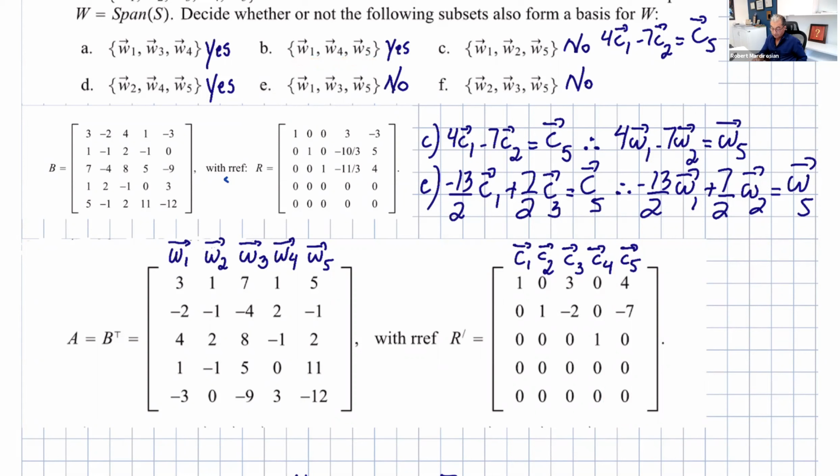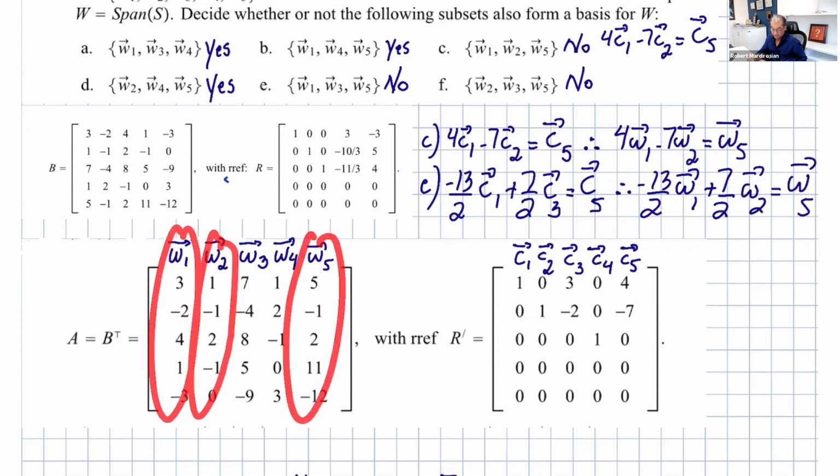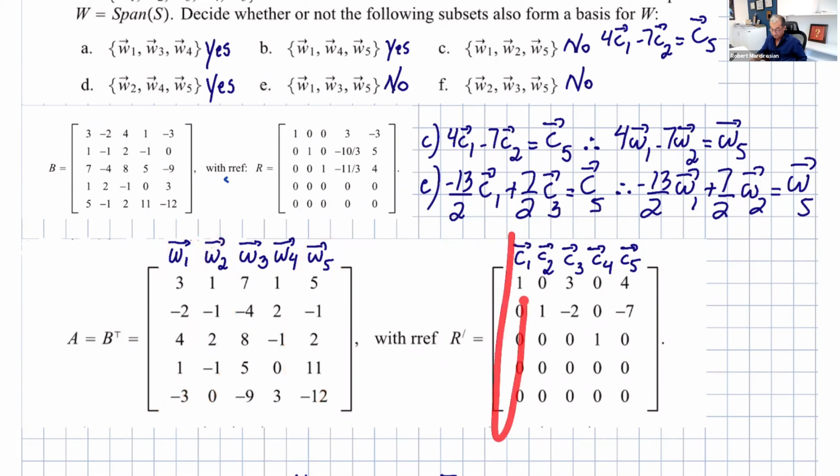C: W1, W2, and W5. Let's check. Can we write C5 as a linear combination of C1 and C2? Yes: 4 times C1 minus 7 times C2 gives you C5.